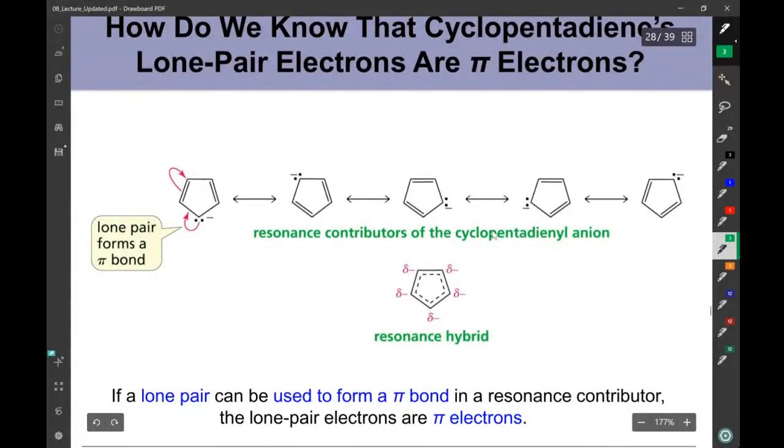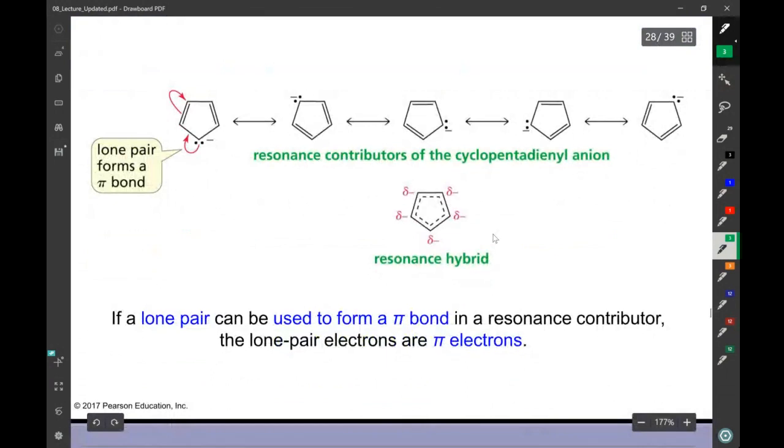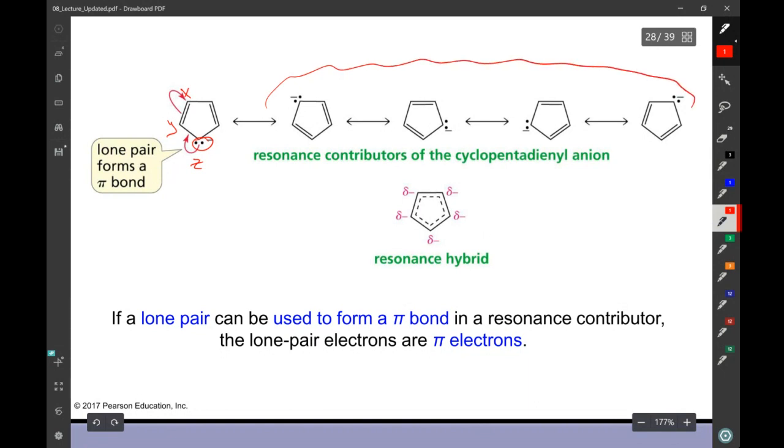cyclopentadiene anion, the anion can undergo resonance. And that's what this slide is showing here. This is my X, that's my Y, and that's my Z, and that's the star. And so you can undergo resonance and it will go all over. Now, please, when I ask you to show resonance in the future, henceforth, I want to see your arrows.